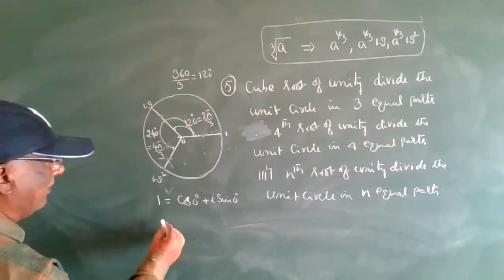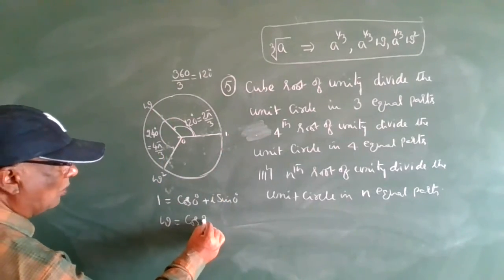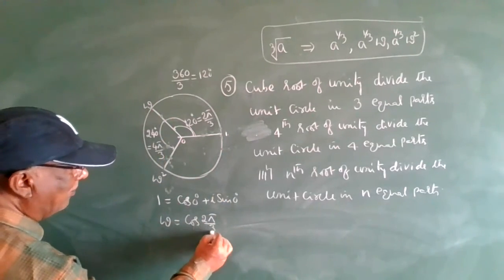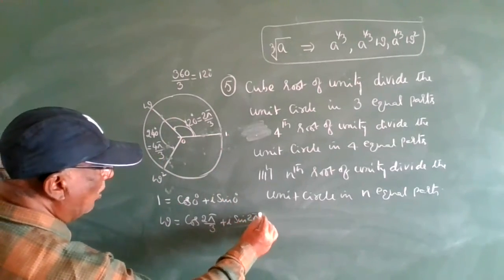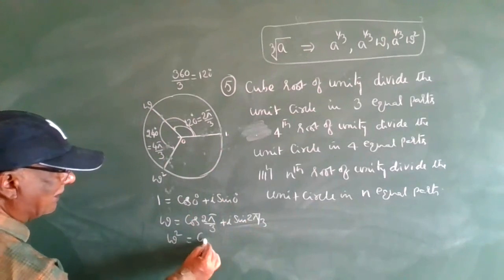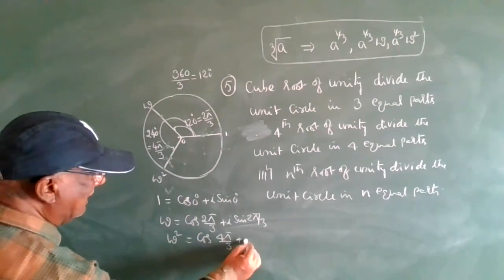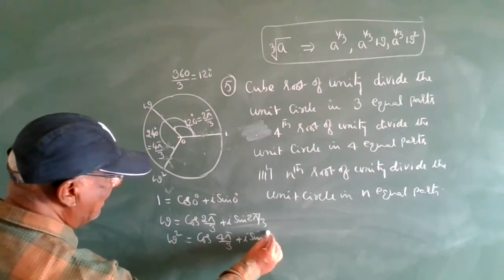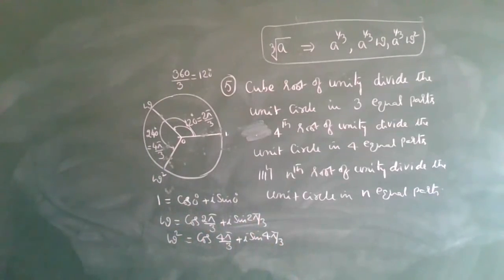Next, omega makes an angle of 120 degrees. Its polar form is cos 2 pi by 3 plus i sin 2 pi by 3. Omega square makes an angle of 240 degrees: cos 4 pi by 3 plus i sin 4 pi by 3. These are the cube roots of unity.